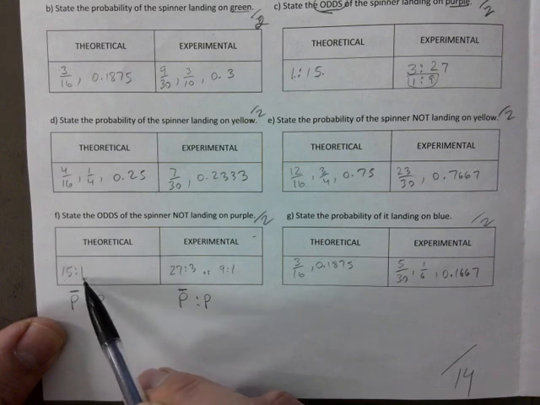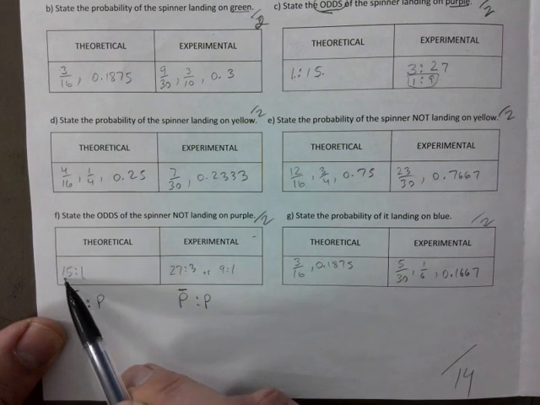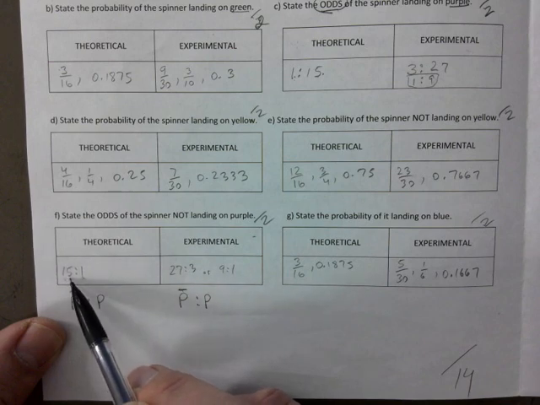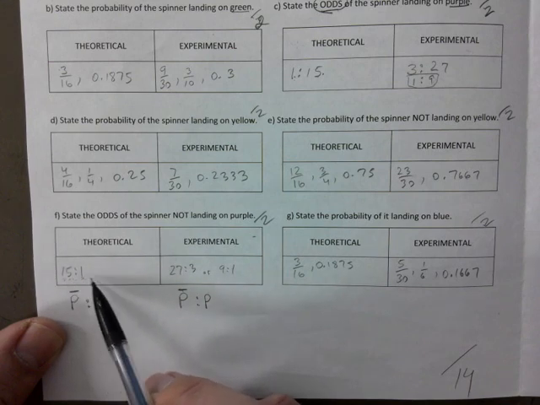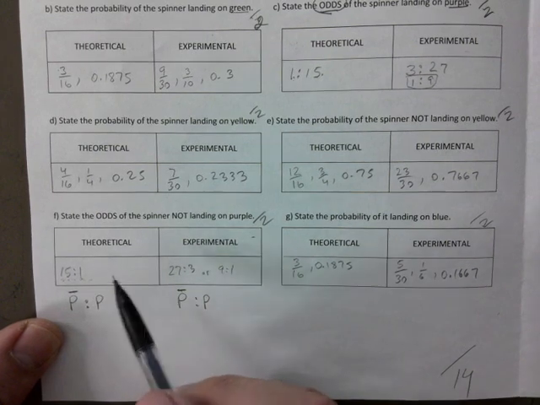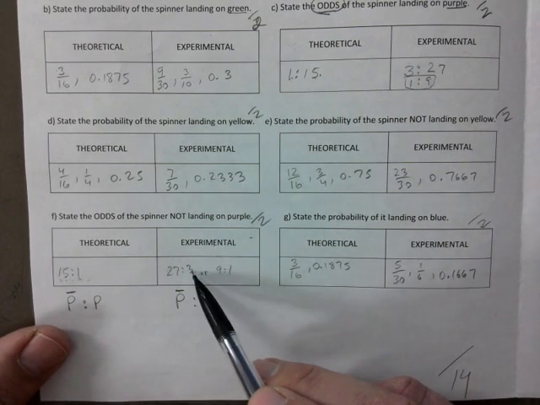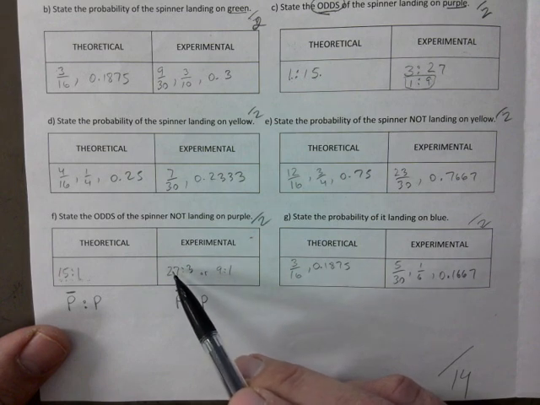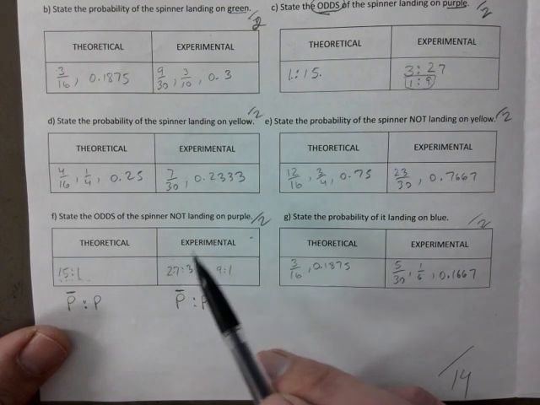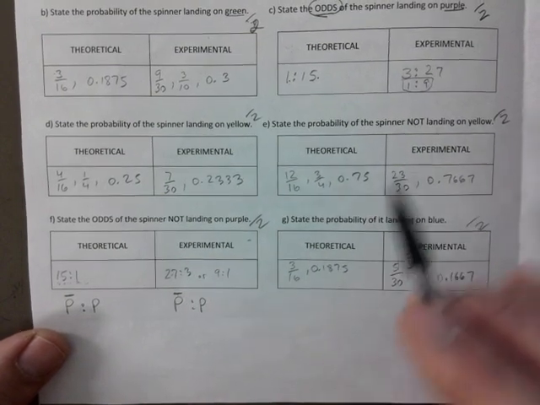I took away this one. That's how I came up with 15. So there's 1 purple and 15 non-purple sections. That's how odds are, that's how you have to think of odds. Experimental, 3 purple outcomes, and therefore out of the 30, that means that 27 will not be purple, right? When you look at the experimental, that table up there.